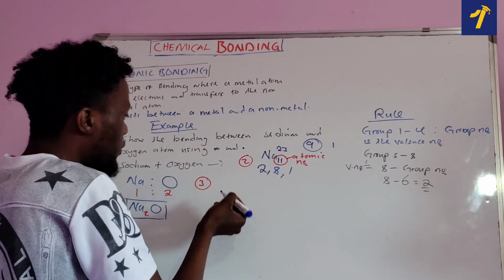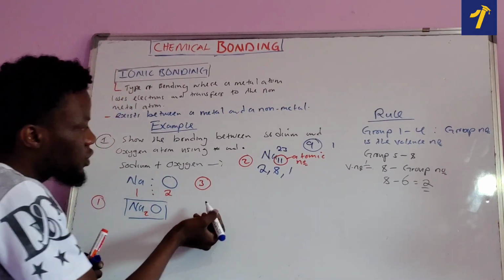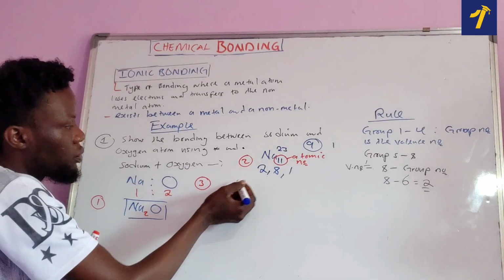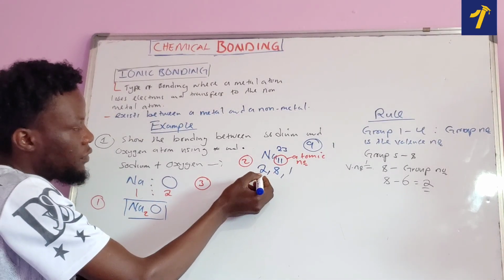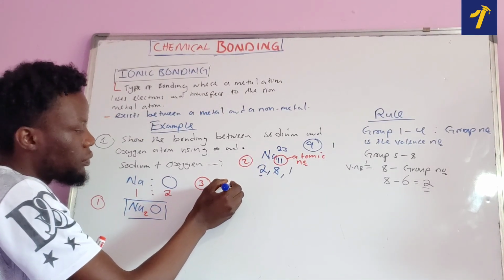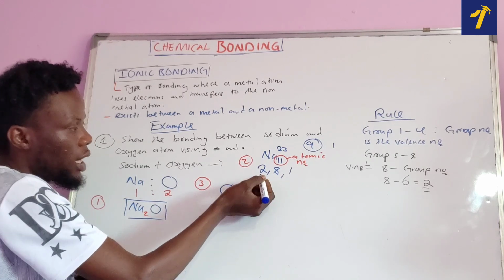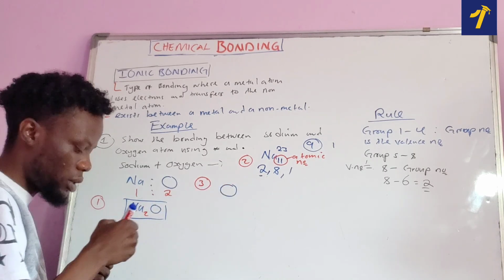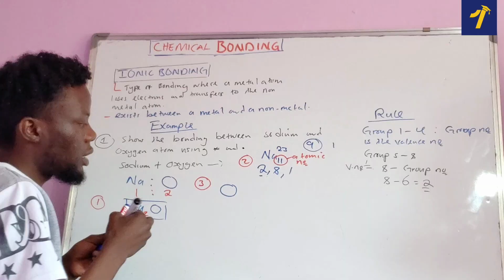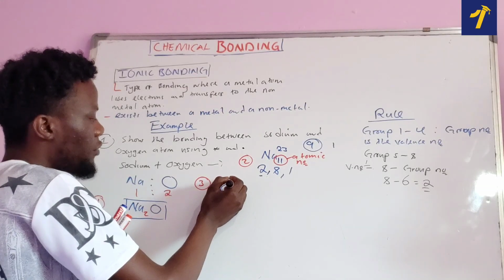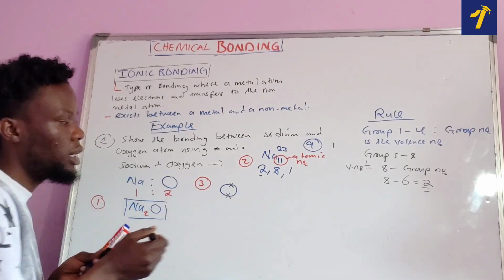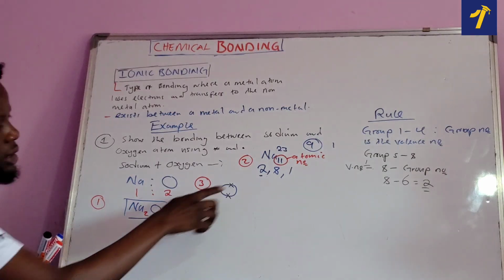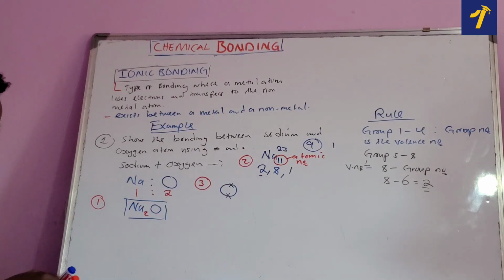So we have now the atomic structure for sodium. Remember that in the first shell, we're having about 2 electrons. This is the first shell. Then what about the second shell?